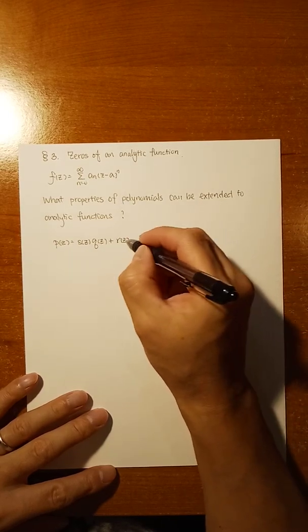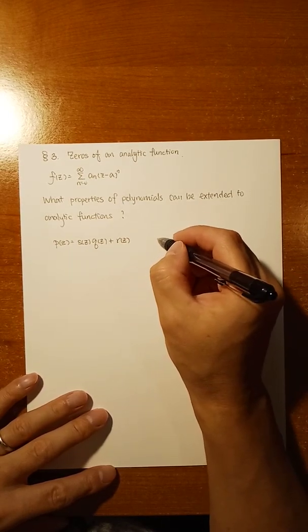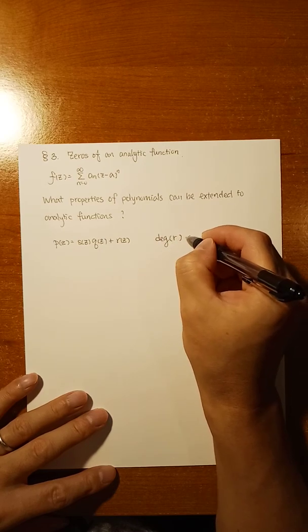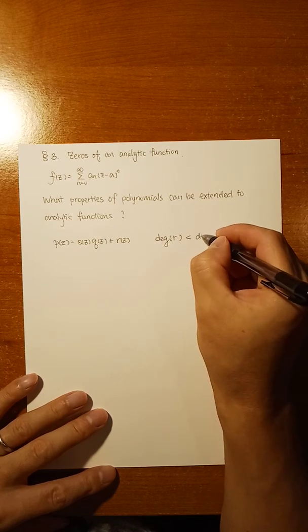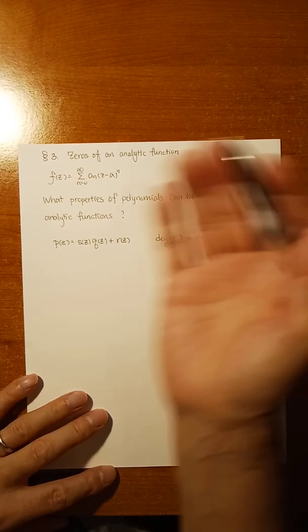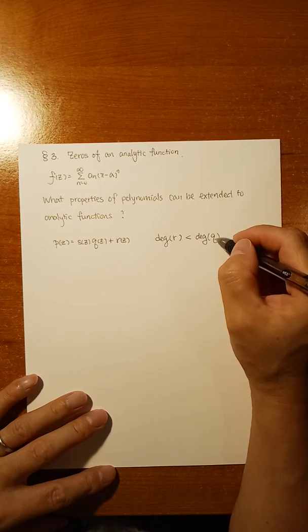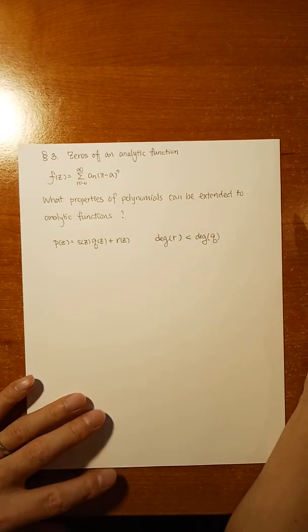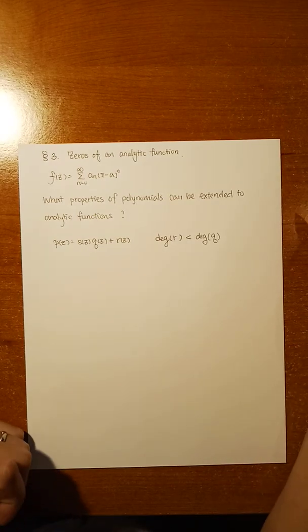And here, if we say r the remainder, the degree of r should be strictly less than the degree of the denominator. It's not quotient, this is denominator. This is quotient. This is remainder. Well, it's just a name.